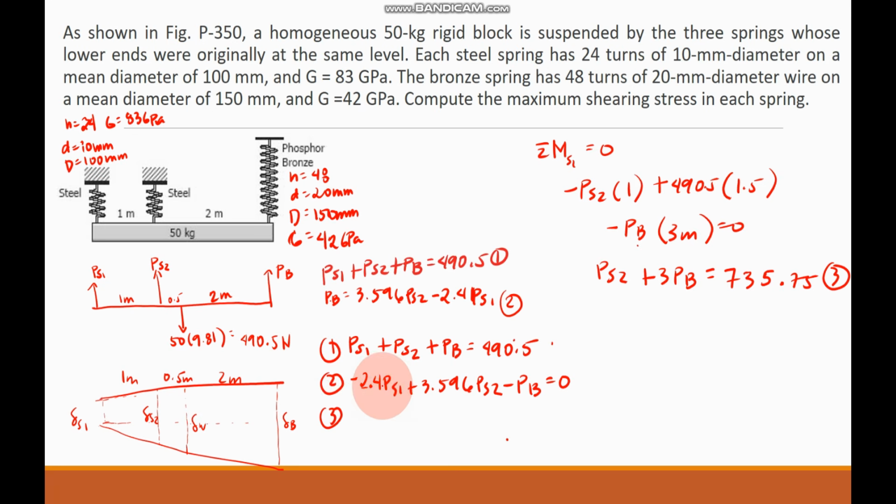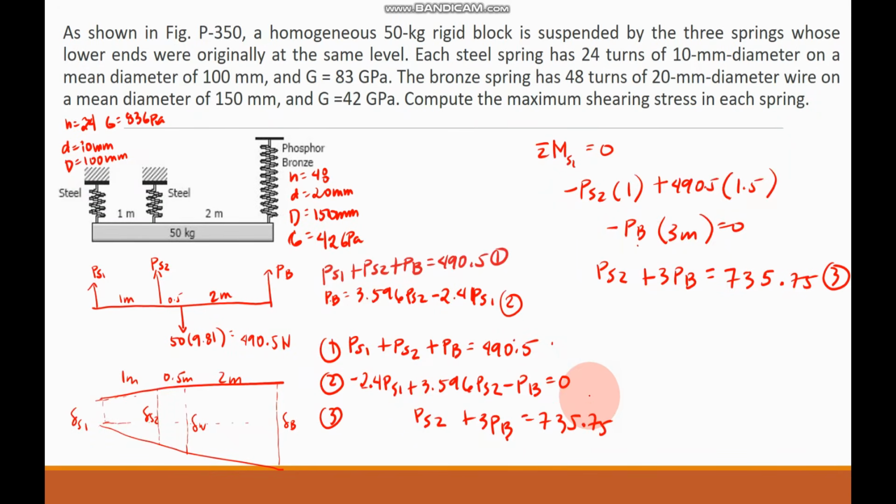And then for equation number 3, PS1 natin is 0. So PS2 plus 3PB is equal to 735.75.